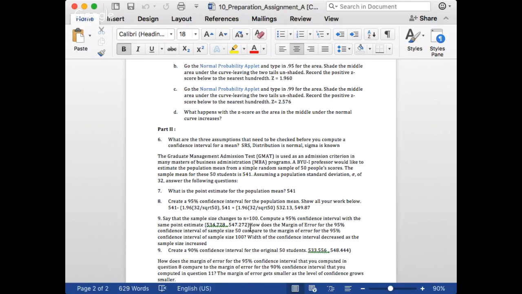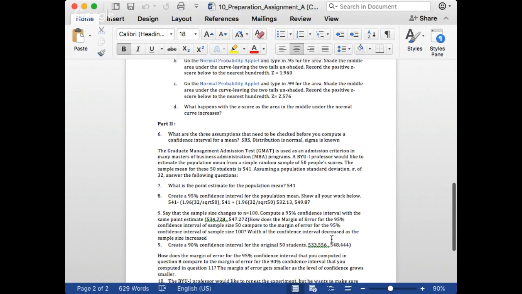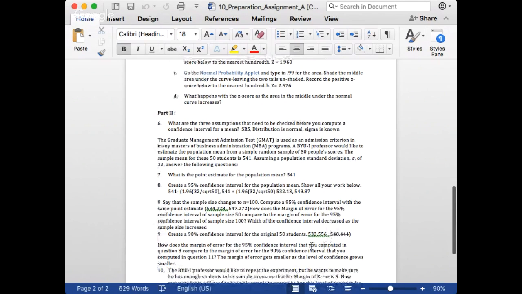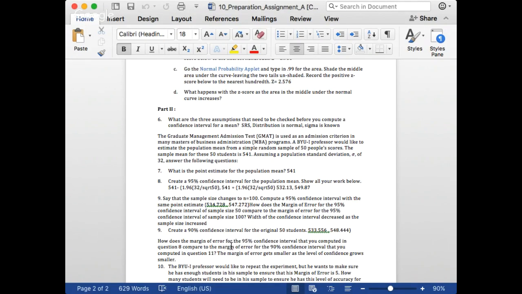Basically, when the sample size increases, your confidence interval narrows. The same thing happens if you have a smaller confidence level, like 90%, because you're just multiplying by a smaller number. That makes sense? It does.